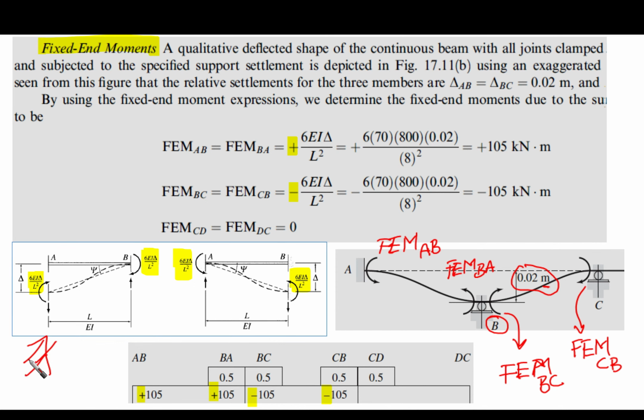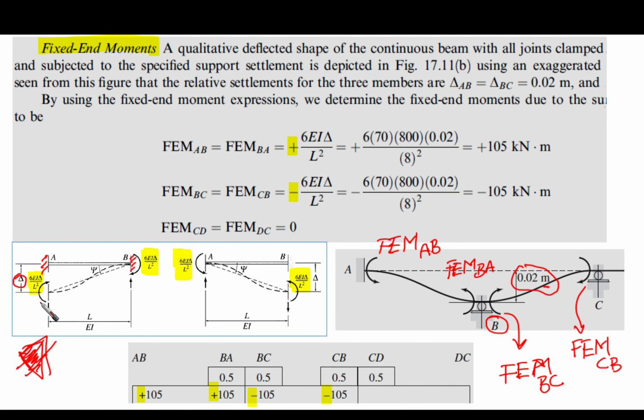If you revisit that video, I think it is from two weeks ago, you are going to find that if we have a fixed span like this, and there is settlement of support with magnitude delta at one end, then the fixed end moments that are going to be developed will take this form.